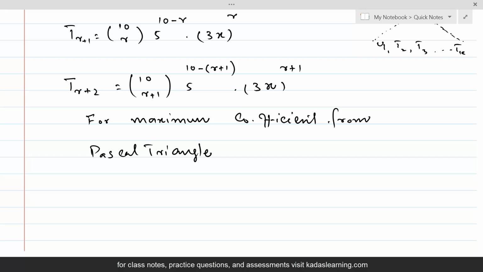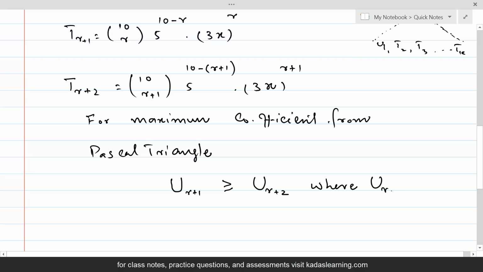That's why I'm going to call it U(r+1). U(r+1) must be greater than or equal to U(r+2), where U(r+1) is the coefficient of T(r+1).